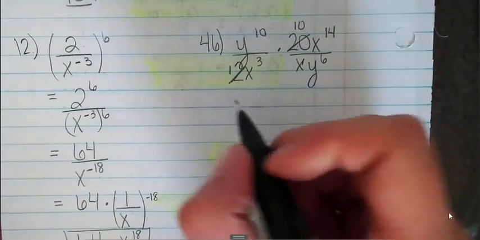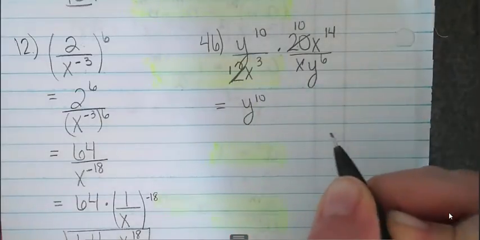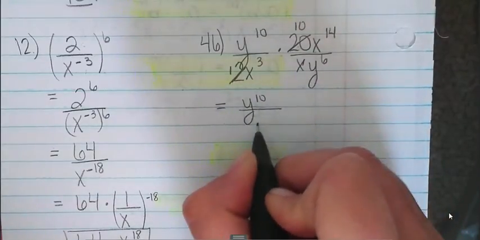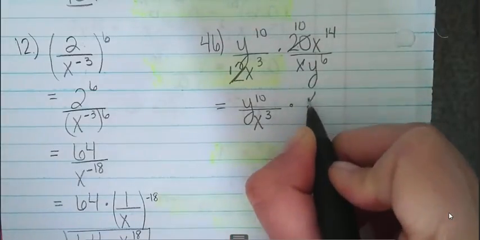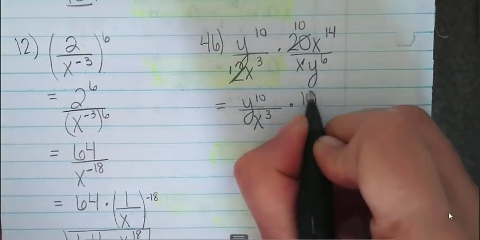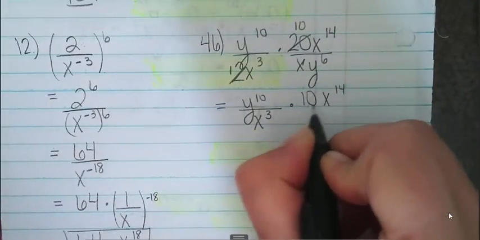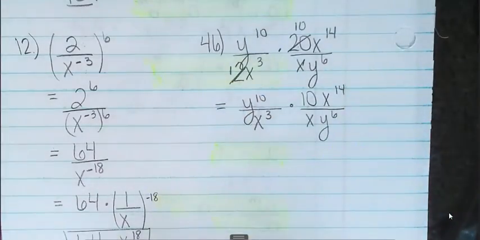Okay, let me rewrite it now. So I've got y to the 10th power over x to the 3rd power, and then I've got 10 x to the 14th over x, y to the 6th.